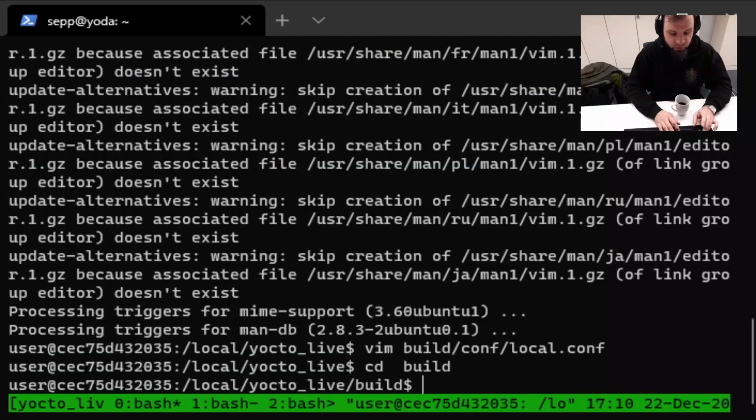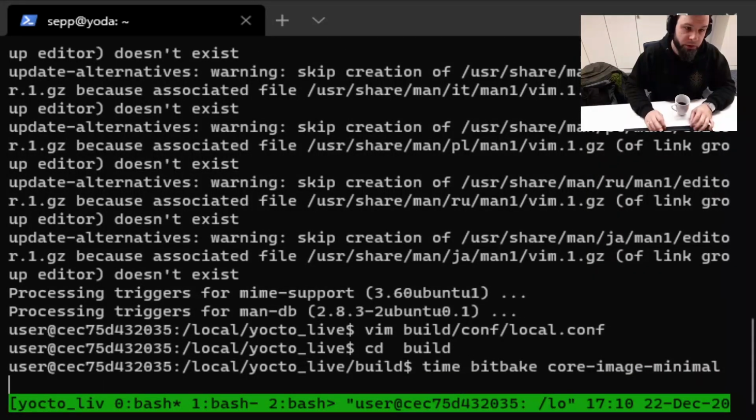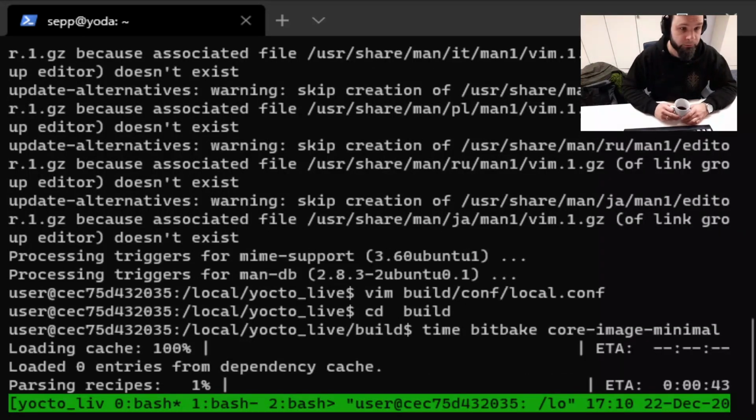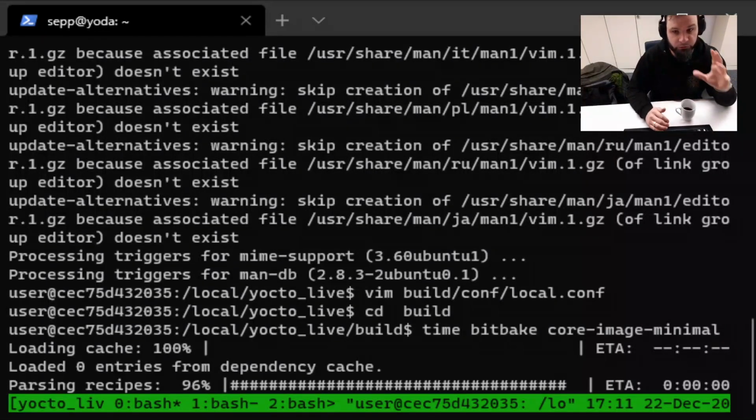So as we have set this up right now, we should be able to build for the outer setup the core image minimal, and hopefully my state doesn't break just as it did yesterday, because then I'll have a problem. Parsing looks good already, and we're going to see hopefully that there is more than one BitBake configuration involved now.